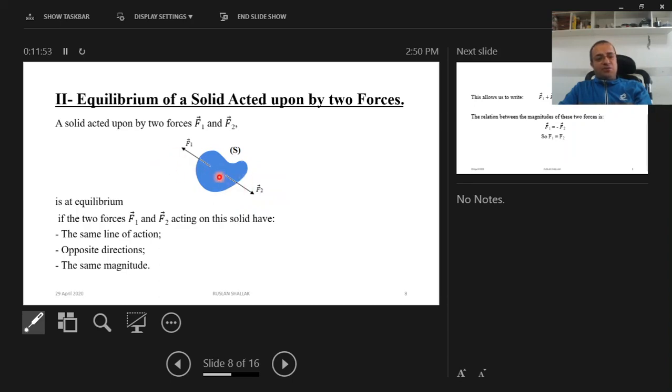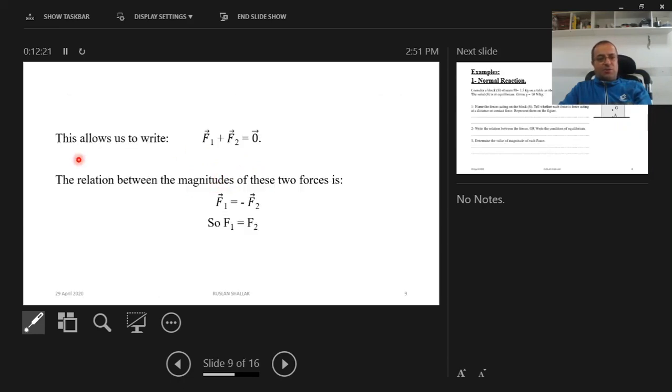If one of these two forces is greater than the other, then this body S should move. But here, since the two forces are the same in magnitude, the same line of action, but opposite directions, they cancel each other, and the resultant of these two forces is 0, no motion of S, and S is at equilibrium.